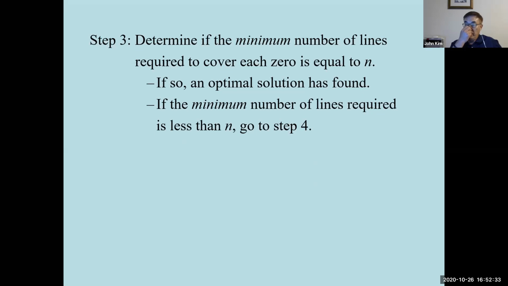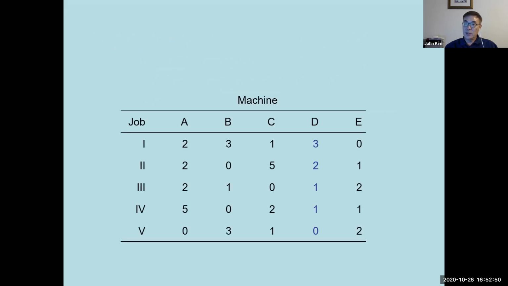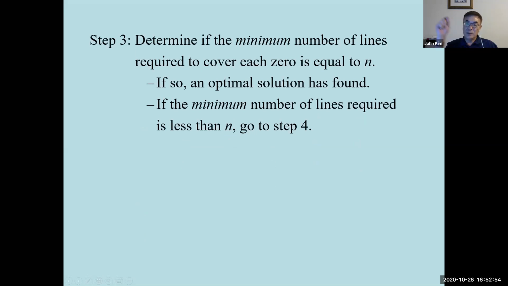Determine if the minimum number of lines required to cover each 0 is equal to n. For this example, n is 5 because there are 5 machines and 5 jobs. So using lines, cover all 0s, horizontal or vertical, it doesn't matter.